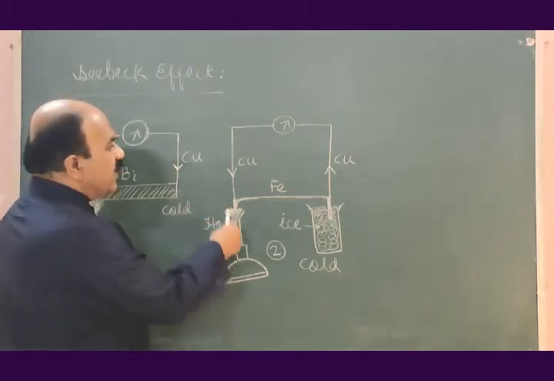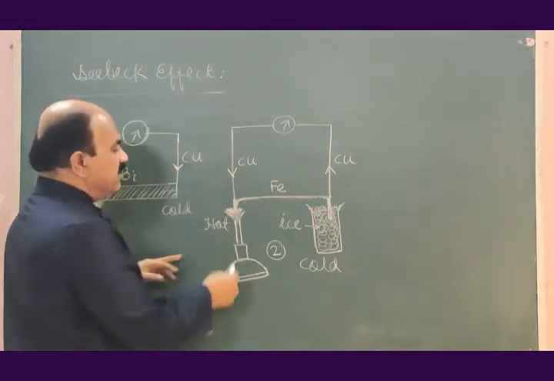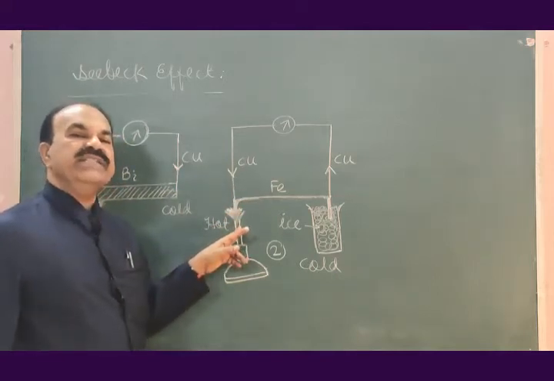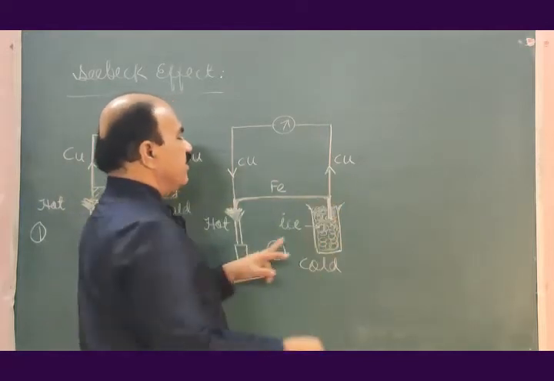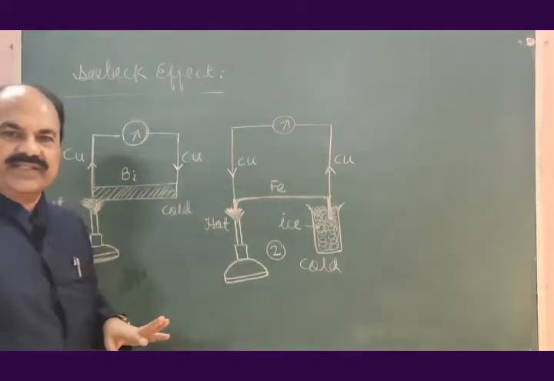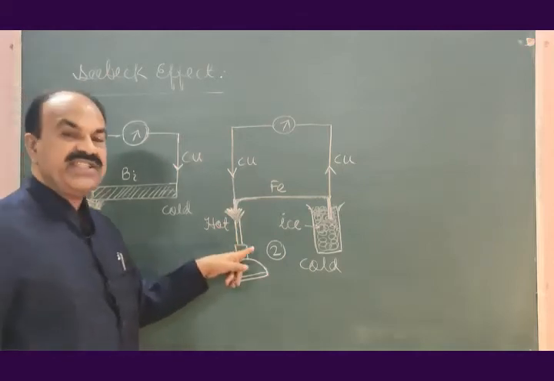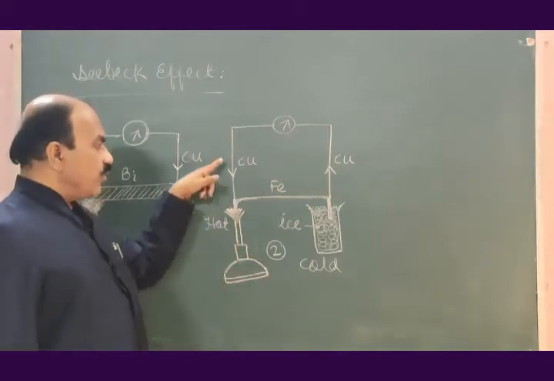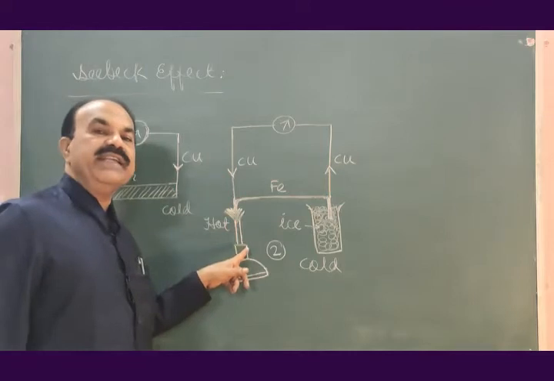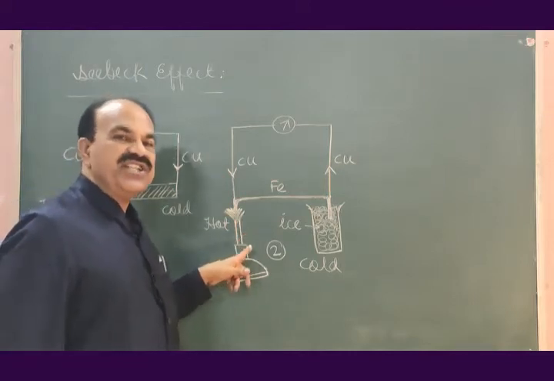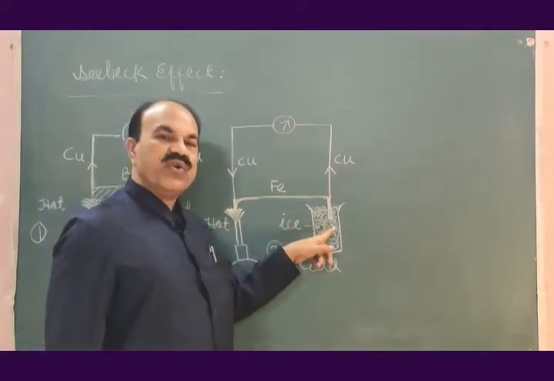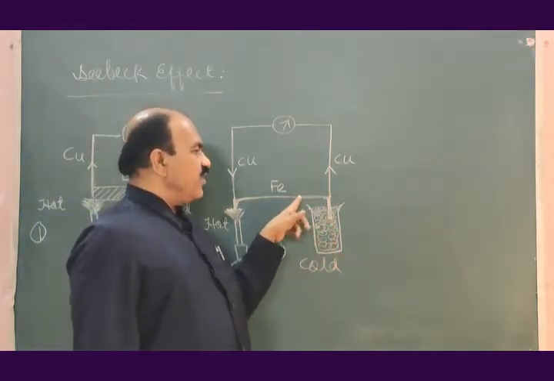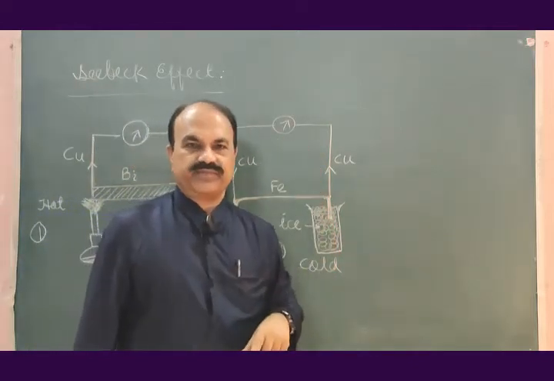The current is flowing from copper to iron at the hot end, and the current flows from iron to copper at the cold end. In this case, the current flows from copper to iron at the hot junction, whereas at the cold junction, the current flows from iron to copper.